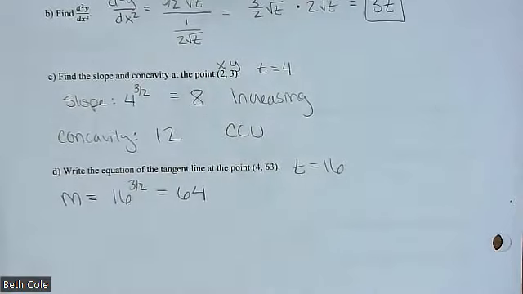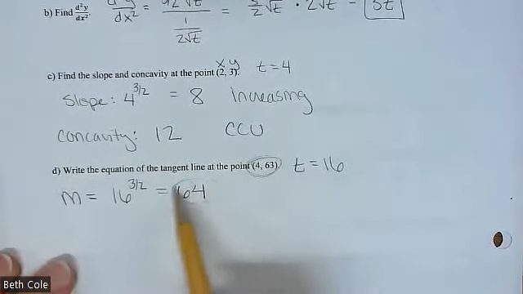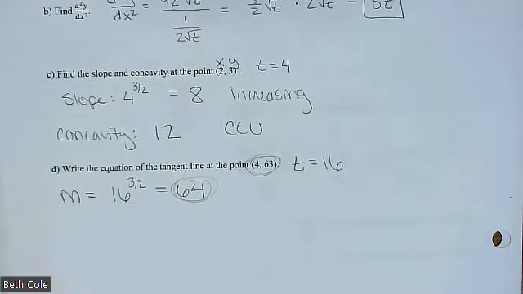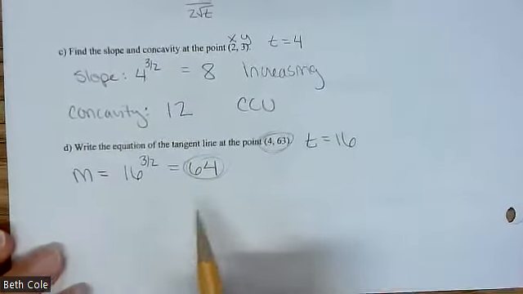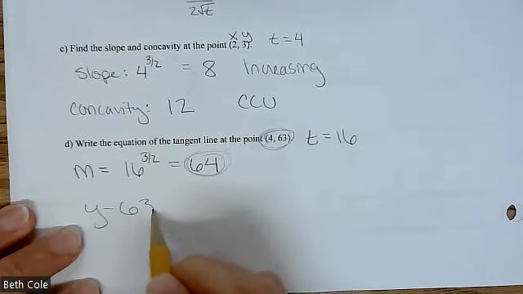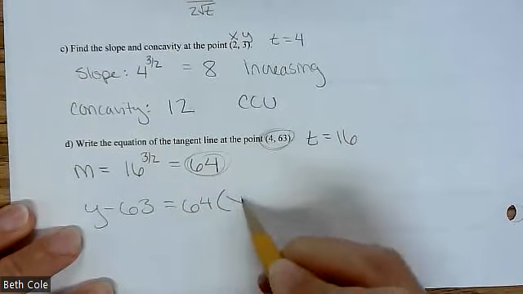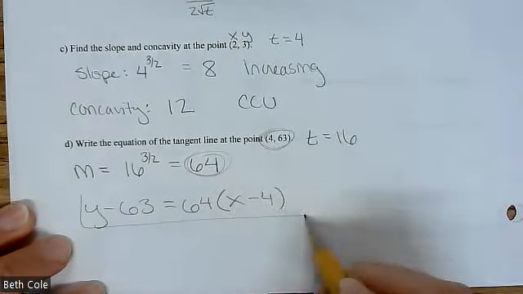Up 64 over 1. It's like practically vertical. Are you getting that? Like it's pretty steep. All right. But this is your point. This is your slope. Just assemble your equation. Do you remember how to write an equation? It would be y minus 63, good, equals 64 parenthesis x minus 4. Lovely.